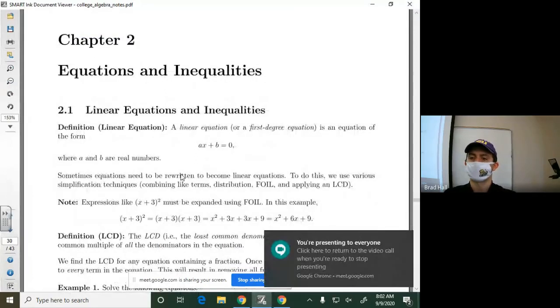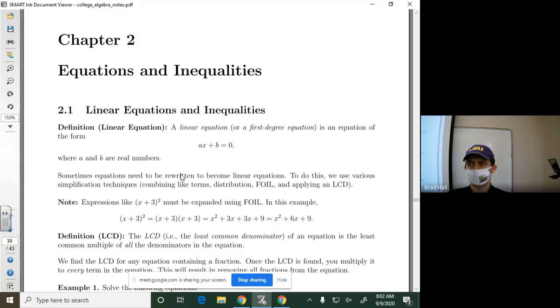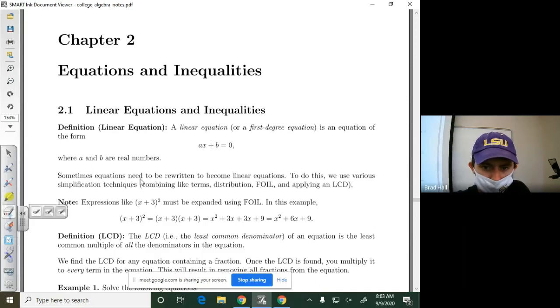We're going to start off talking about linear equations and inequalities, which may seem like a fairly familiar thing. Primarily, this section is about practicing how we take complicated expressions and simplify them down using techniques like combining like terms, the distribution method, or the FOIL process, all things we've already done before.